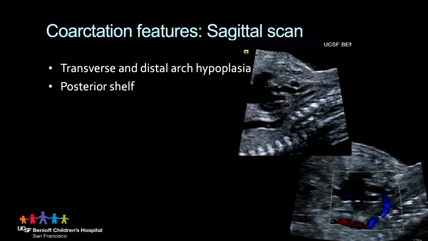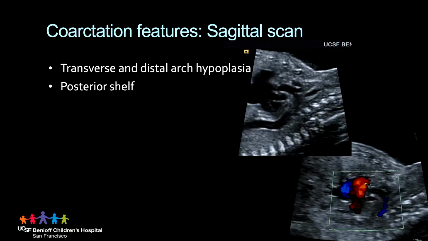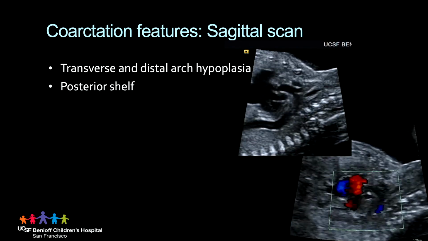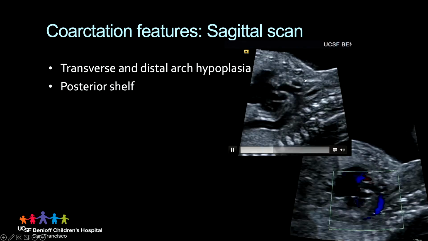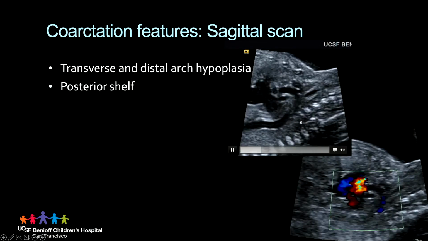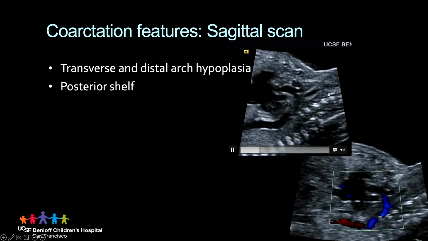And then the sagittal scan is very helpful because in many instances it allows you to make the definitive diagnosis of coarctation of the aorta, because you can actually see the discrete coarctation. This is a nice image of a fetus with coarctation of the aorta. You can see that the left subclavian artery is pretty far away from this left carotid artery here, which is another sign of a potential coarctation.